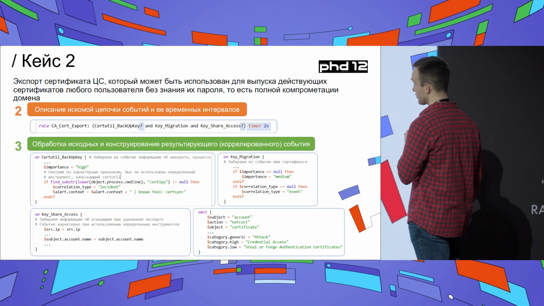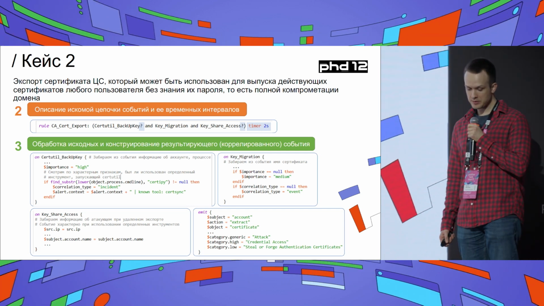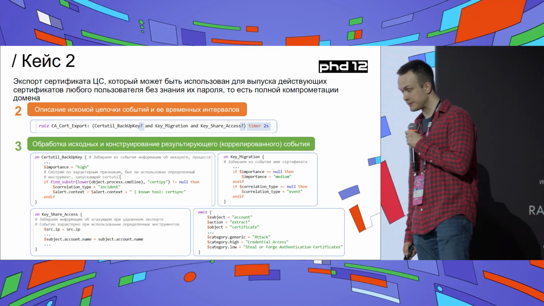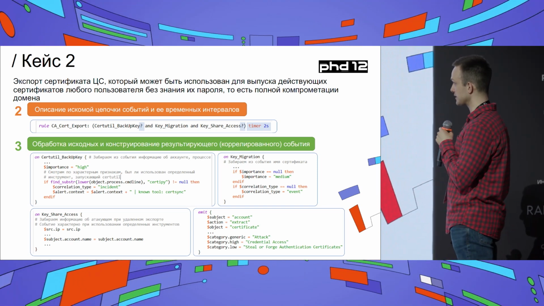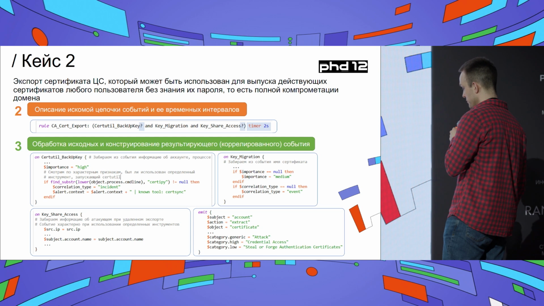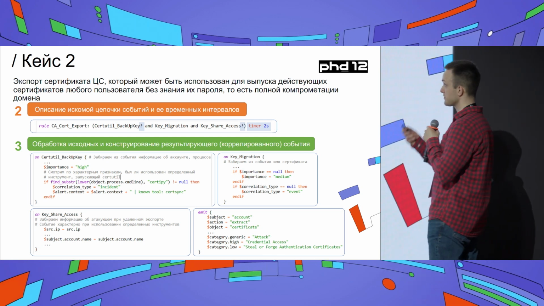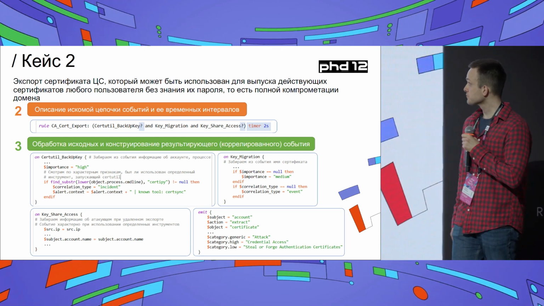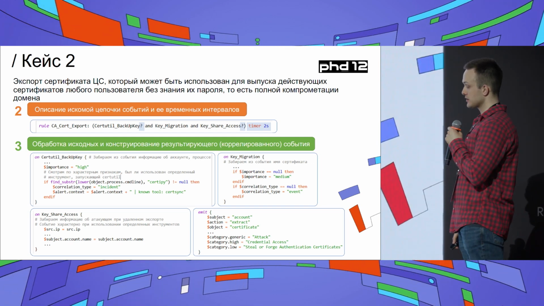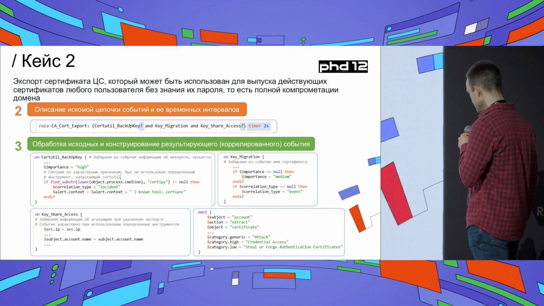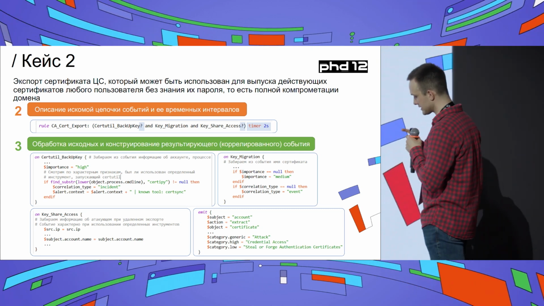Now the chain. Since we have only 1 necessary event and 2 optional ones, we just link all the filters and identify the time interval through the timer.